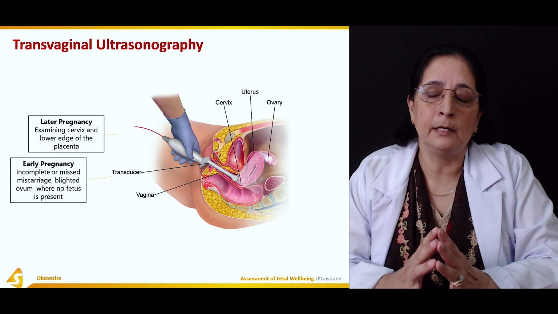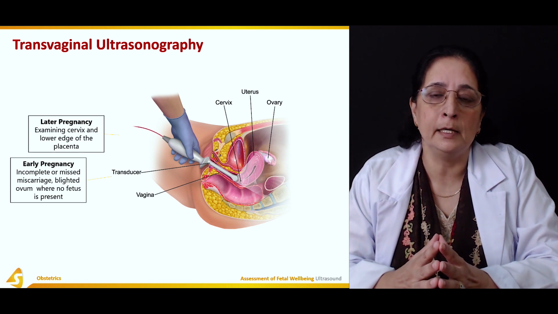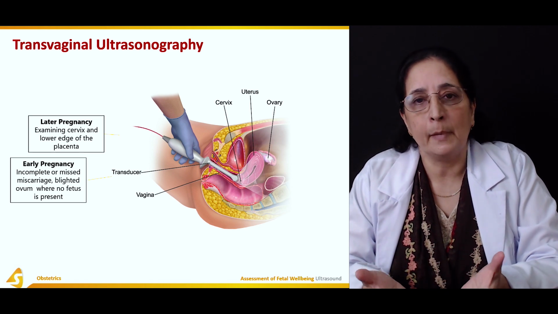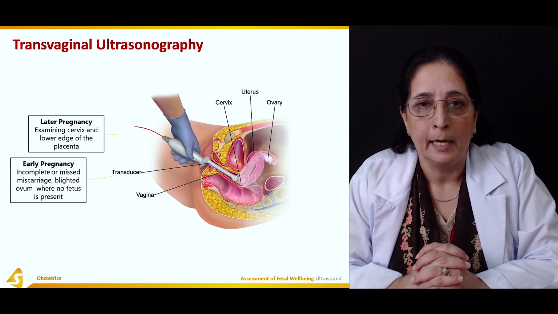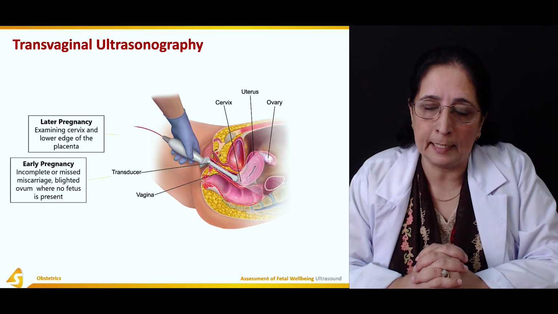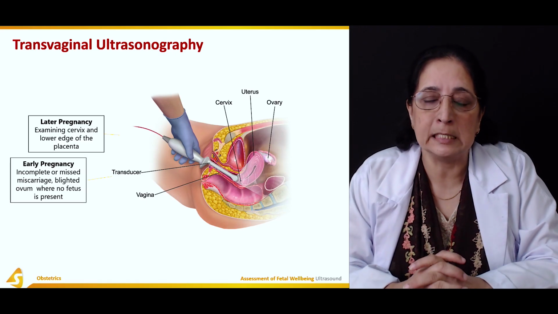And the other thing which is common in early pregnancy, if it might not be a normal pregnancy, is a blighted ovum, in which no fetal heart develops, though the sac is present.